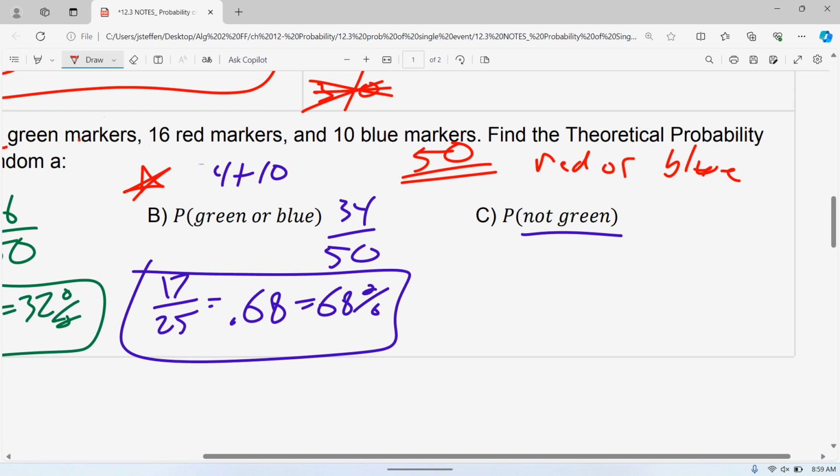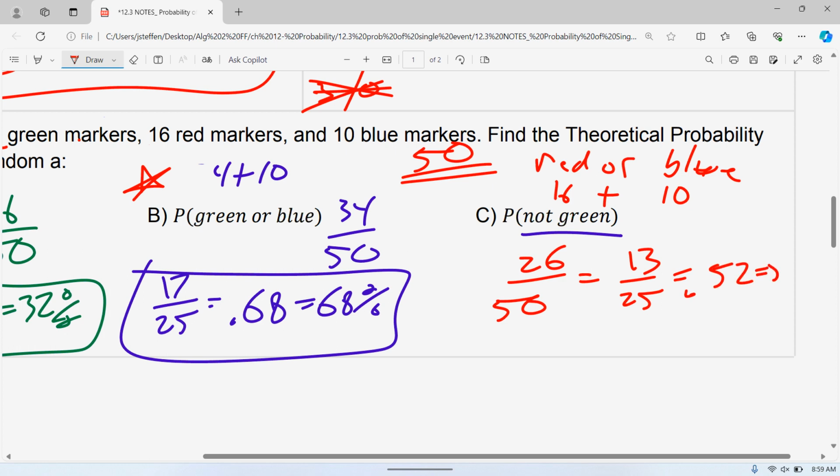So the red ones, we have 16. The blue ones, we have 10. So that is 26 over the total of 50. So 26 over 50 is 13 over 25. That is 0.52, which is 52%. That's one way to do it. Personally, that's what I would recommend.